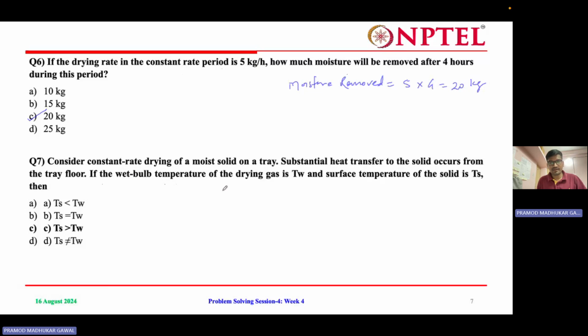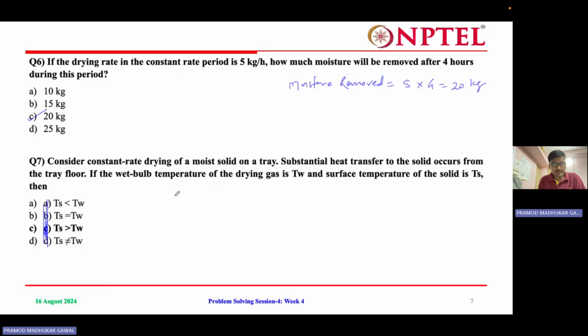If the wet-bulb temperature of the drying gas is TW and the surface temperature is TS, then here are the options given. Here it is constant rate drying, so at a constant drying rate, TS is equal to TW, meaning the solid temperature equals the wet-bulb temperature. But when there is substantial heat transfer from the tray floor, the surface temperature of the solid is slightly higher than, but close to, the wet-bulb temperature of the drying gas.